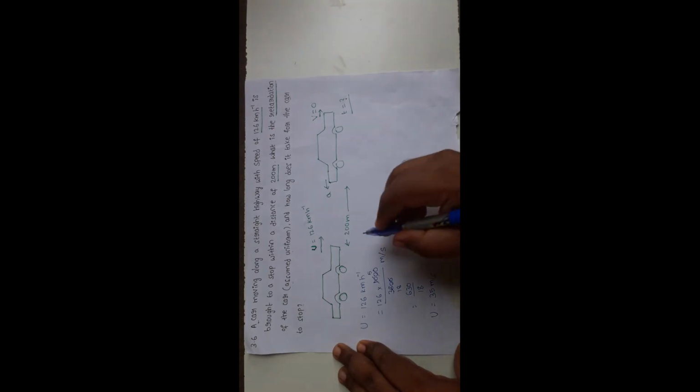The 2 zeros in numerator and denominator get cancelled, leaving 5 over 18. So 126 into 5 is 630, denominator 18. 630 by 18 is 35 meter per second. So the initial velocity is 35 meter per second.